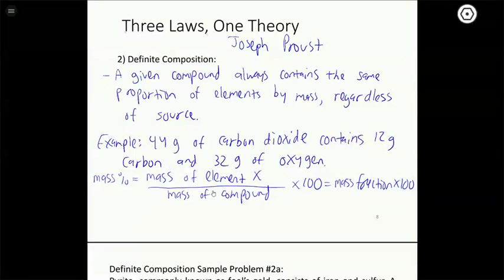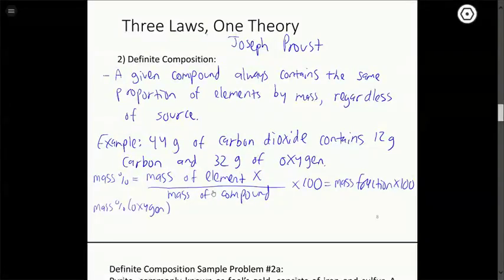Okay? So if we do it for this example here, let's say we want to find the mass percent of oxygen in carbon dioxide. We use the numbers that were given to us. Our sample of carbon dioxide has 32 grams of oxygen. The total mass, as we said, was 44 grams, and then we multiply that by 100 to get a percent.